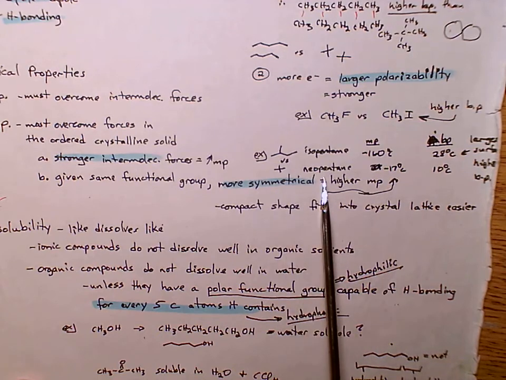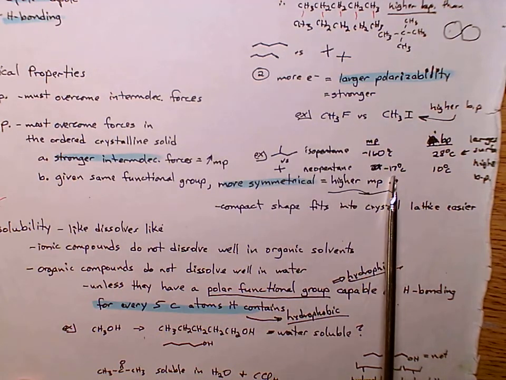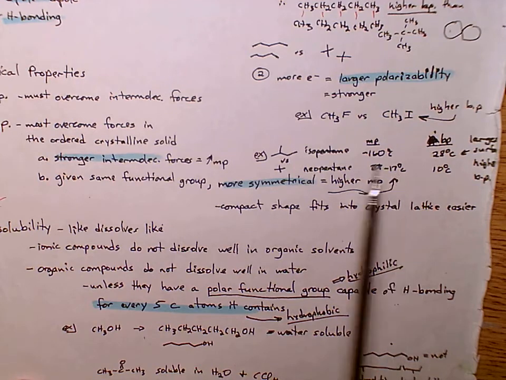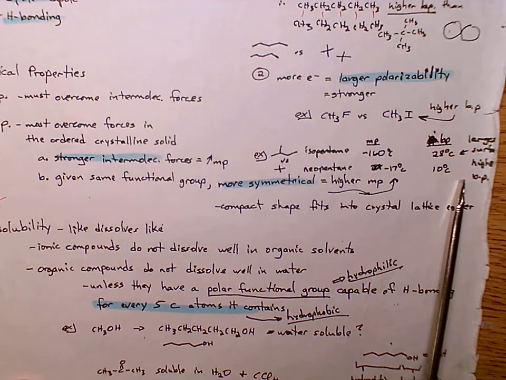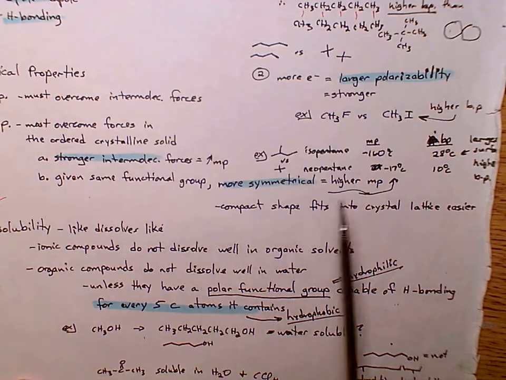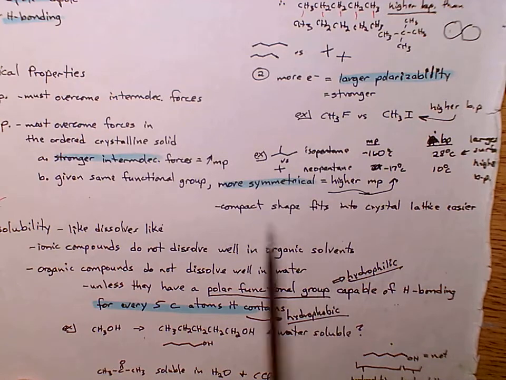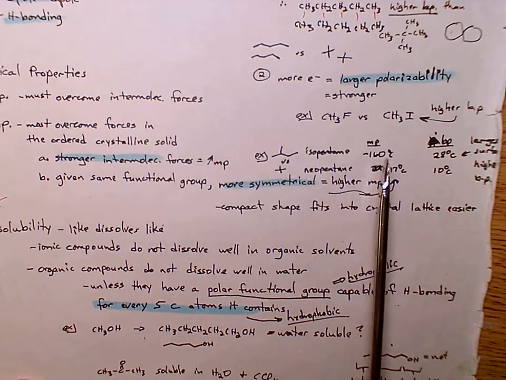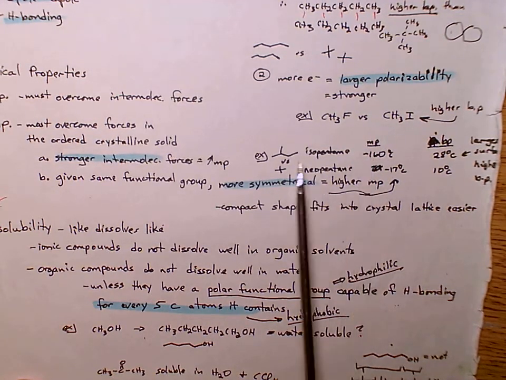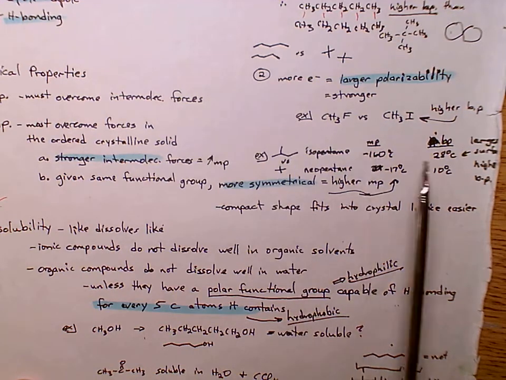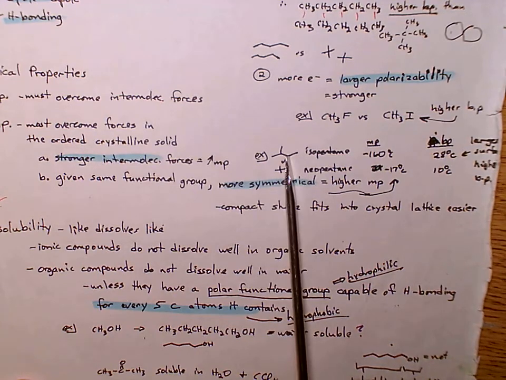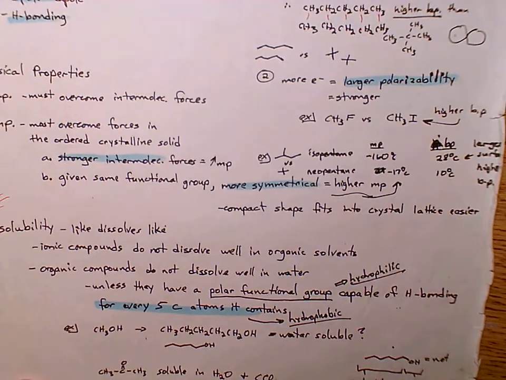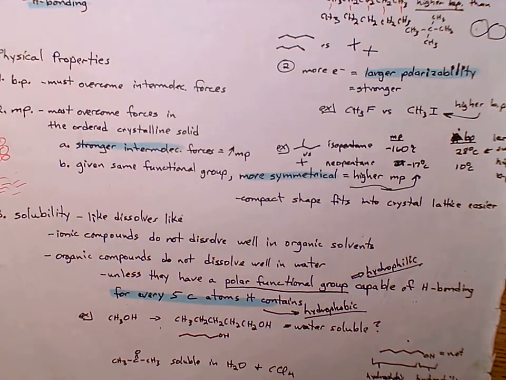So although this neopentane has a higher melting point because it's more ball-like, more symmetrical, and stacks well, it has a lower boiling point because it is more ball-like and can't attract the ones next to it nearly as well. Isopentane has a lower melting point because it's more snake-like and doesn't stack well, but it has a higher boiling point because it has larger surface area, more intermolecular force attraction at different spots. Okay.